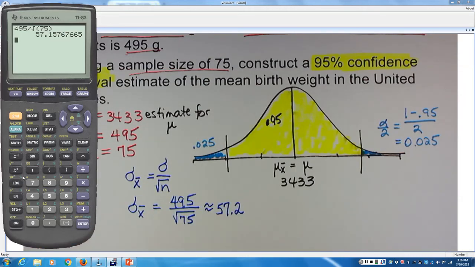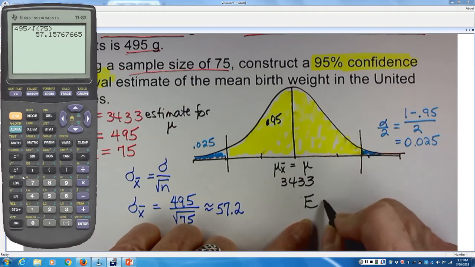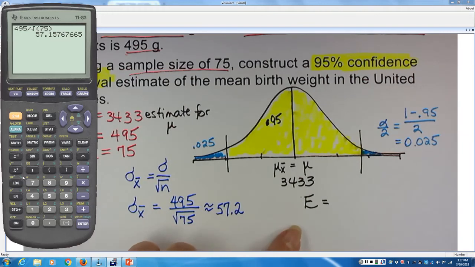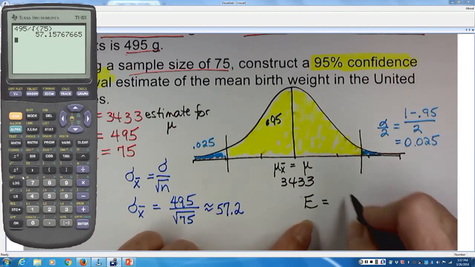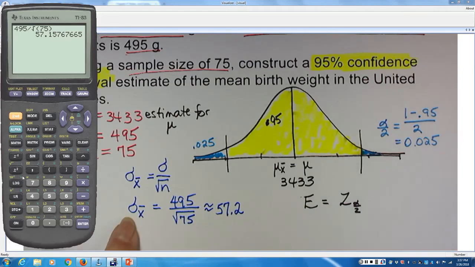So in order to calculate the margin of error, this is the only time I'm going to make you do this, with this first example. To calculate the margin of error, you remember that your formula for margin of error is Z alpha over 2 times your standard error.